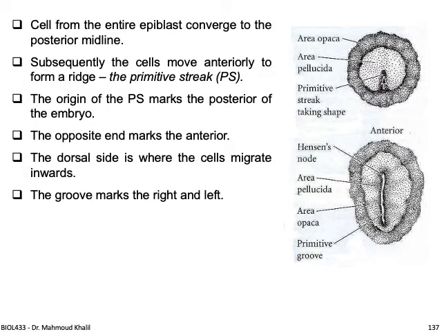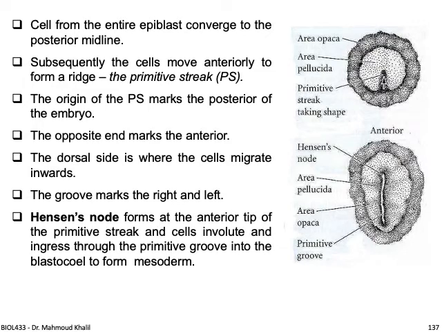So what's Hensen's node? Hensen's node forms at the anterior tip of the primitive streak, and cells involute and ingress through the primitive groove into the blastocele to form the mesoderm. So actually the primitive groove in the chick embryo corresponds to the blastoporal lips in the amphibian embryo.